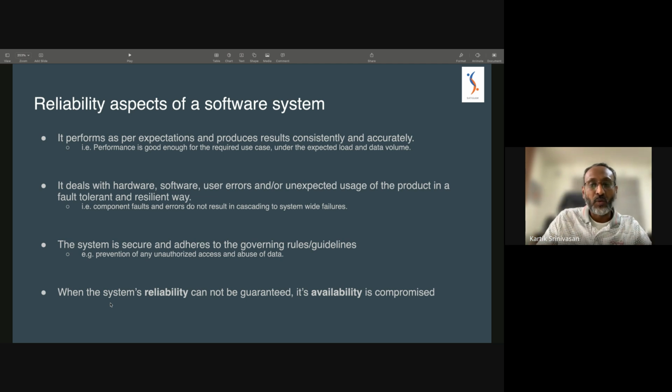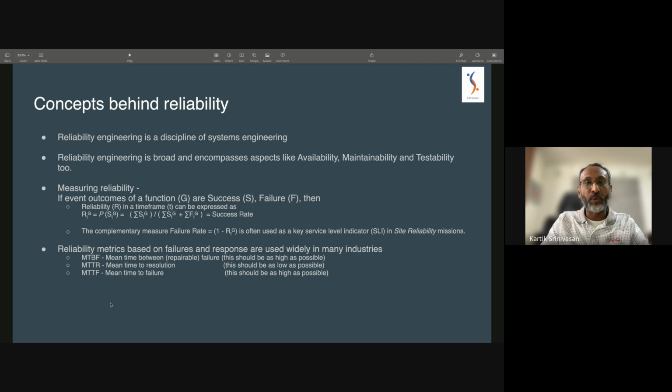And vice versa too. So remember that the root cause is reliability. It results in availability challenges and compromises that need to be made. So the more reliable your system is, the more likely it is to be available. That's something that I want you to take away from this exercise.